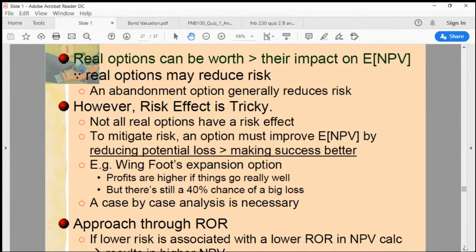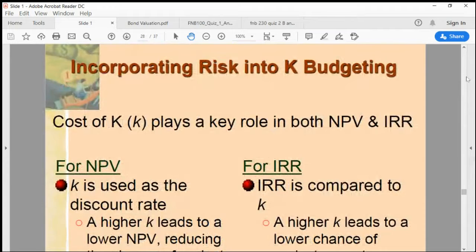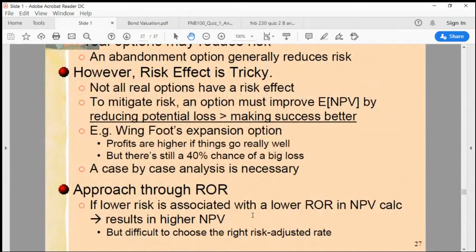Now, we can also approach real options through rate of return. If lower risk is associated with a lower rate of return in net present value calculation, now think about it.